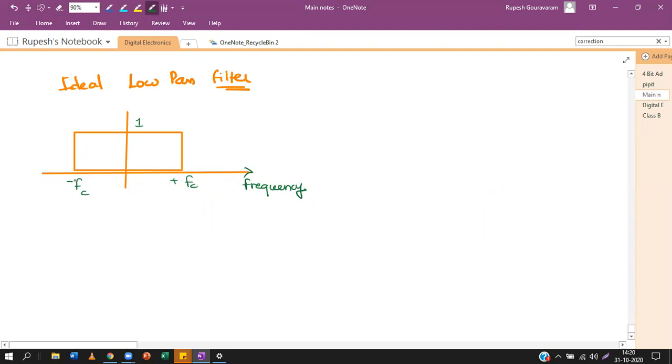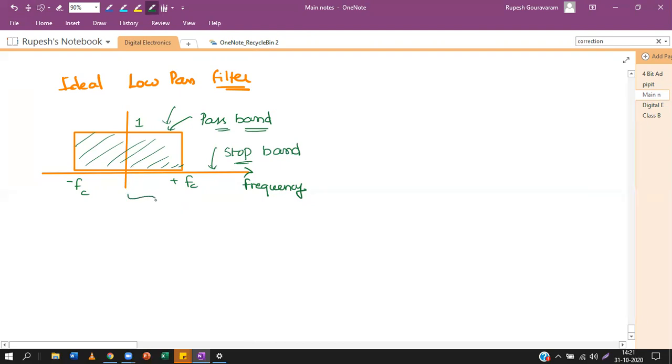If a particular wave has a frequency that falls between the range of minus FC and FC, then only this low pass filter will allow that wave. This is known as the pass band, that means the set of frequencies which gets passed, and this is the stop band, the set of frequencies which will get stopped by the low pass filter.